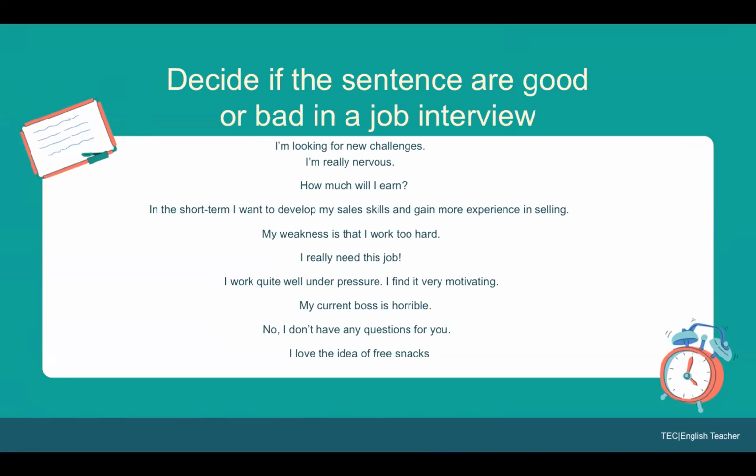My current boss is horrible. Yep, you're right, guys. It's bad. Never speak about your previous boss in a bad manner.